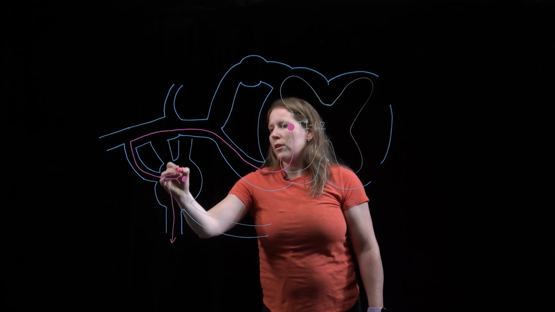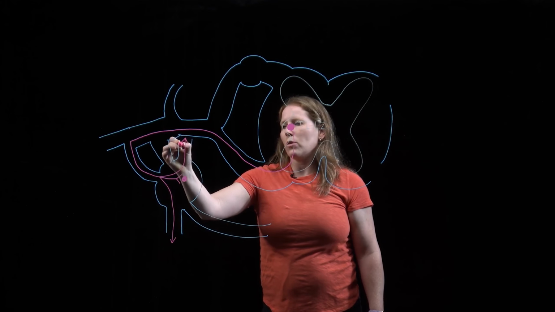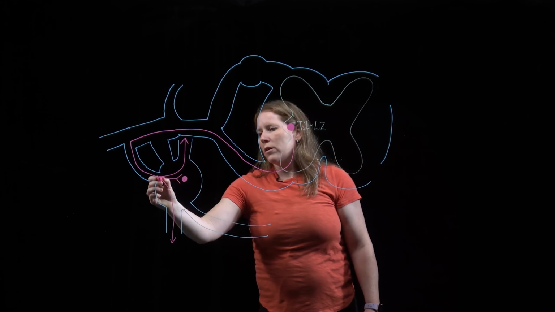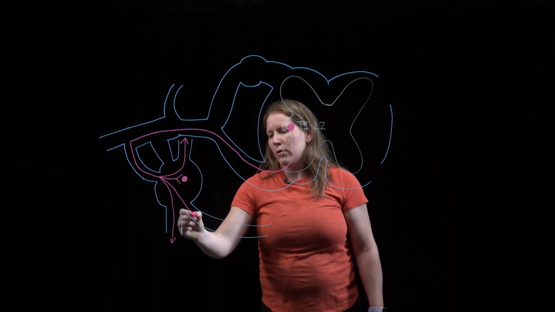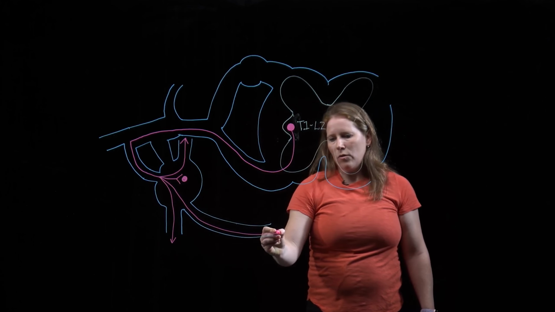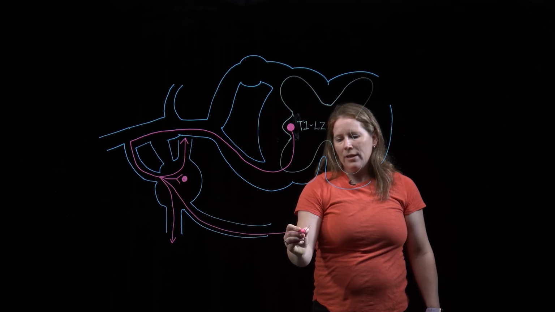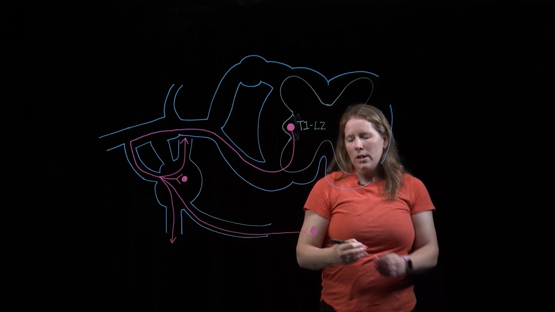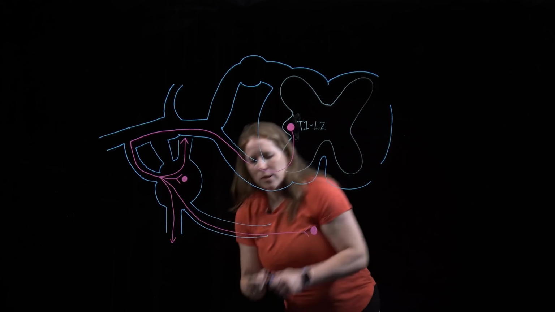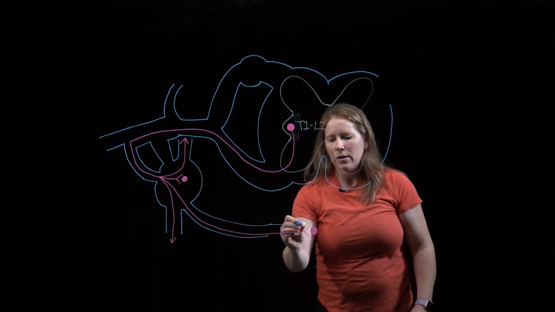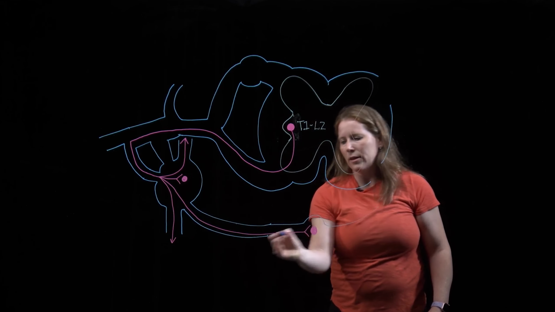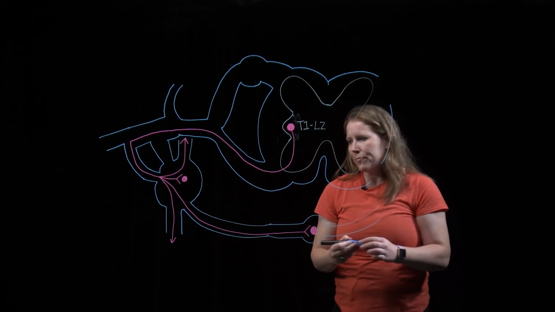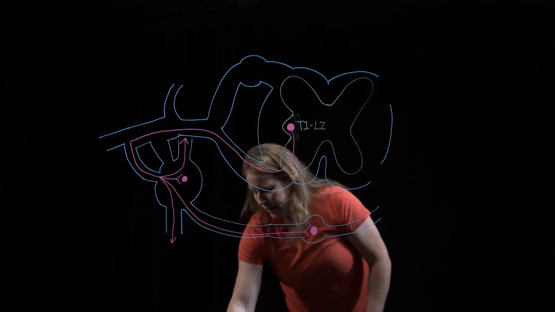It can turn and run upwards towards a higher level of the vertebral column, or it can pass right through and continue on over here where it will land at another ganglion. This would be called the prevertebral ganglion because it's in front of the vertebrae. Let's talk about that example first.